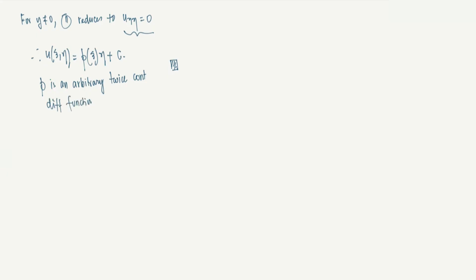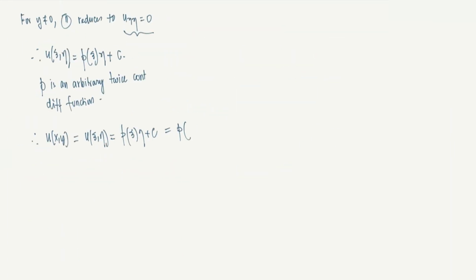Okay, so this is not the end of it. Now what is u of x, y, the solution of 2? That is given by u of xi, eta, right? And u of xi, eta is basically p of xi times eta plus c. What is p of xi? p of xi is given by y by x.